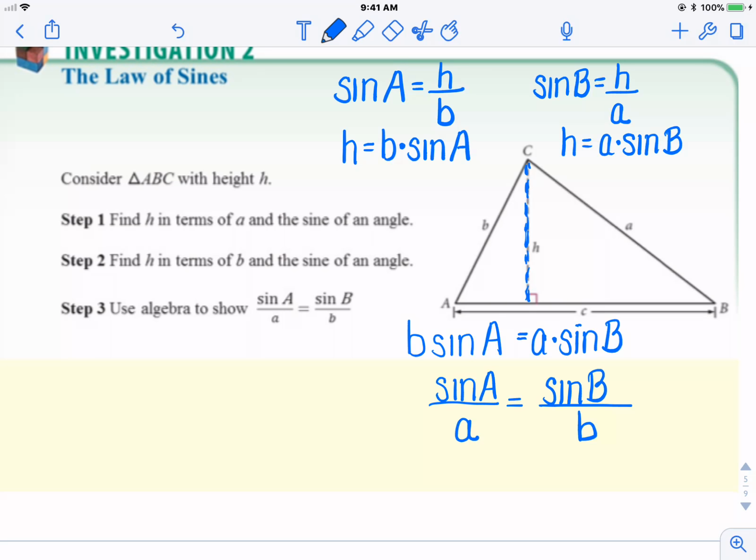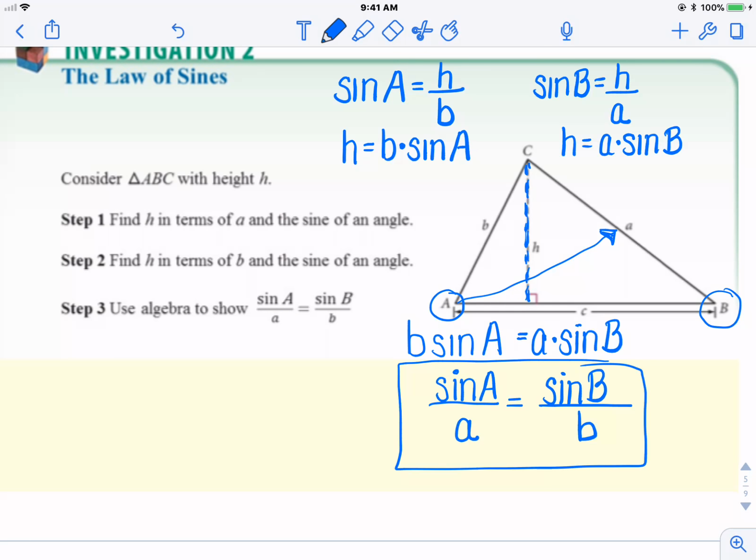And this is going to work us into a formula right here that says for any triangle, not necessarily a right triangle, although it works for right triangles, I can put into ratio this sine relationship from one angle to the side across from it. So sine from angle A gets put into ratio with the side across from it.